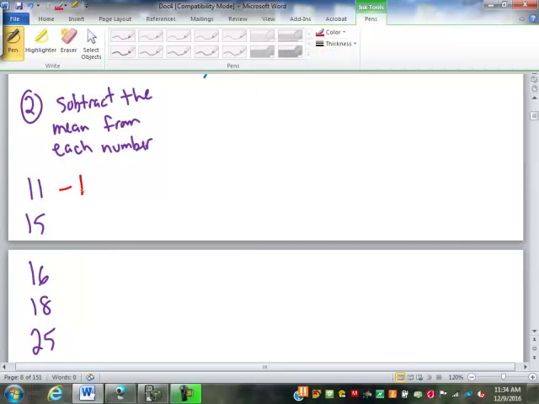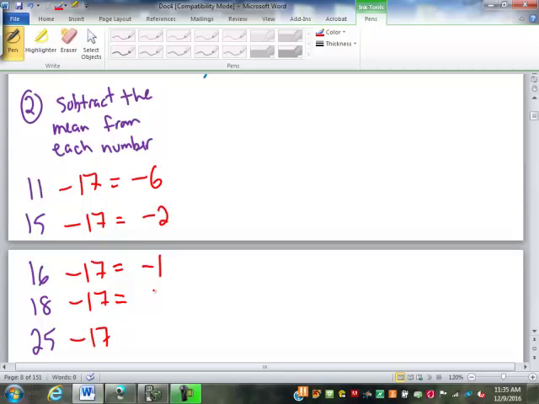I'm going to subtract 17 from each of them. So 11 minus 17 is negative 6. 15 minus 17 is negative 2. 16 minus 17 is negative 1. 18 minus 17 is positive 1. And 25 minus 17 is 8.